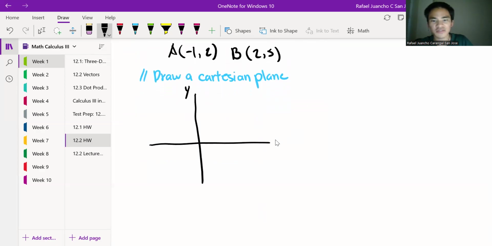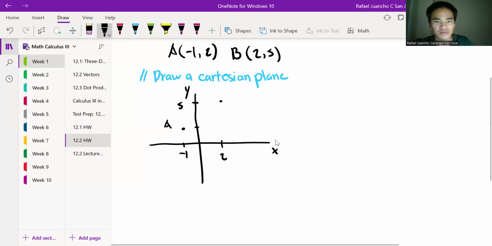This is my y, this is my x. And here's my A, which represents -1 and 2. And my B is probably somewhere here. Now you can just connect these 2 points, right? So I'm gonna use a blue one here.